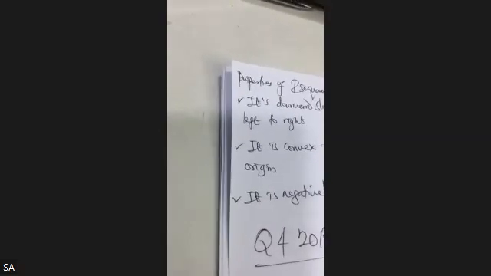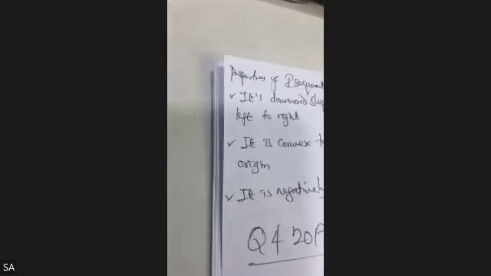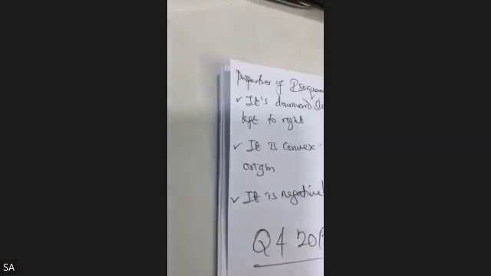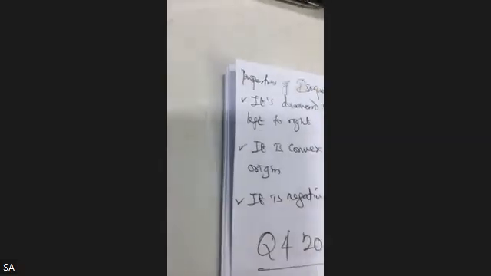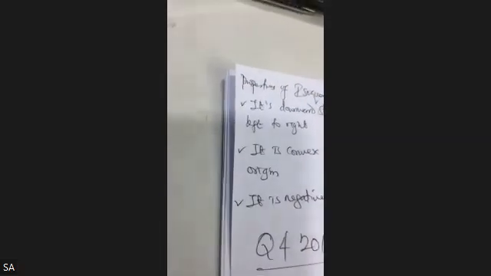The product is the same, but the price is different in two markets. In this market it sells at 25 naira, in the other market it sells at 40 naira.